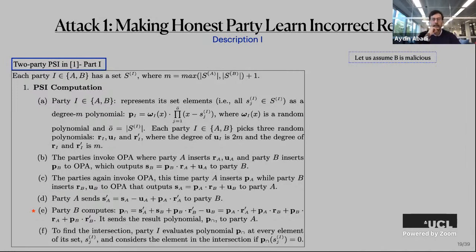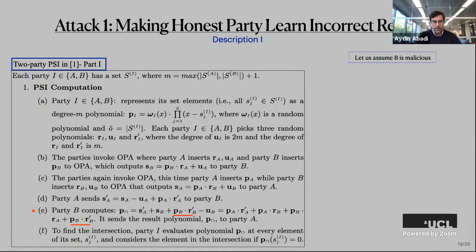However, in step 1E, party B, which I'm assuming is malicious, can inject a malformed input into the final result.